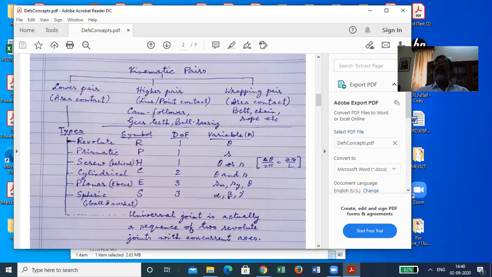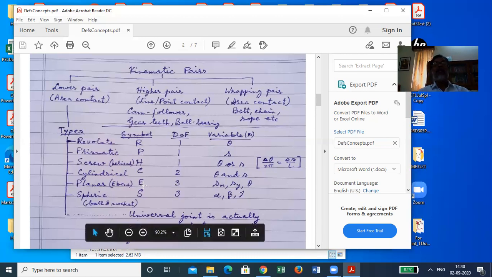However, it cannot go out of that plane and it cannot turn any other way. Okay, because then one end of it will hit, another end will lose contact. Okay, so for this, people wanted a symbol, and they could not use P because P was already reserved for prismatic pairs. So they used E.